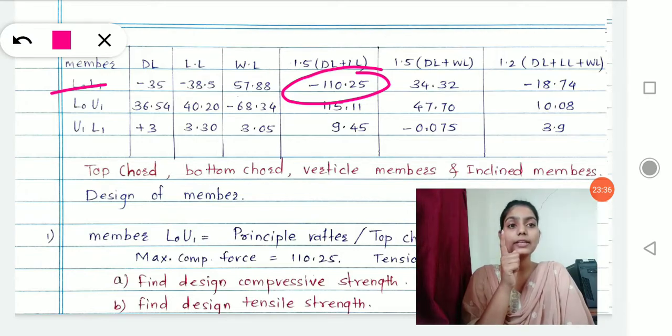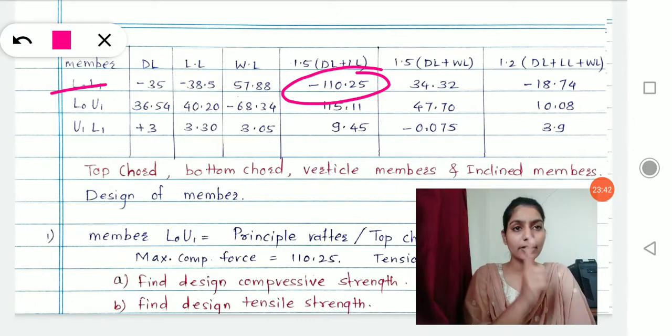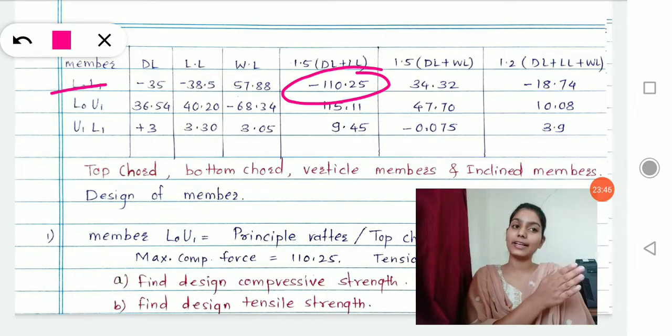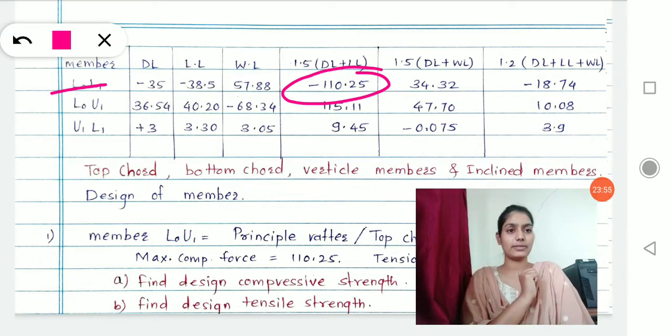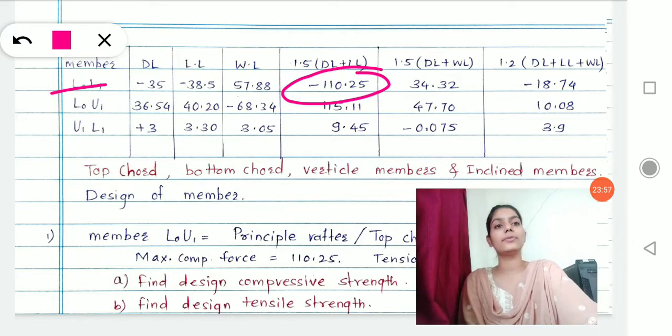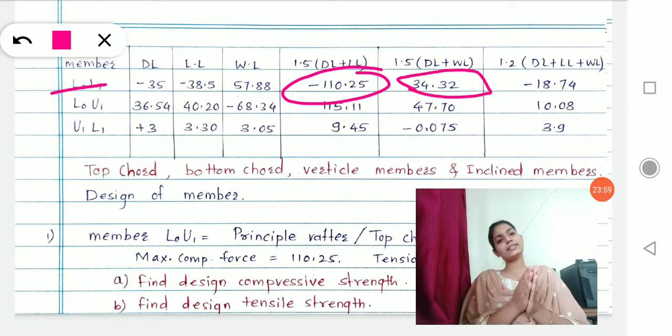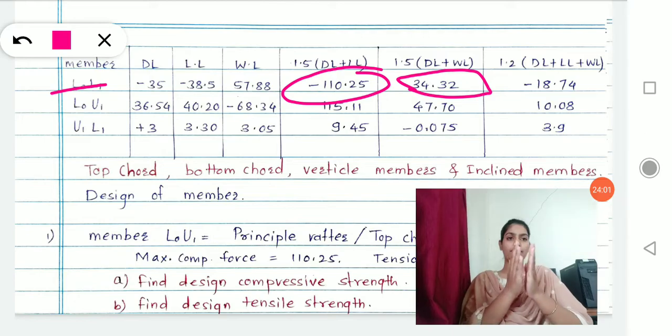If the sign is negative, you have to design your L0 L1 member for compressive force of magnitude 110.25, and consequently you have to check your member for tensile force as well, because there is some magnitude of tensile force coming upon my section.